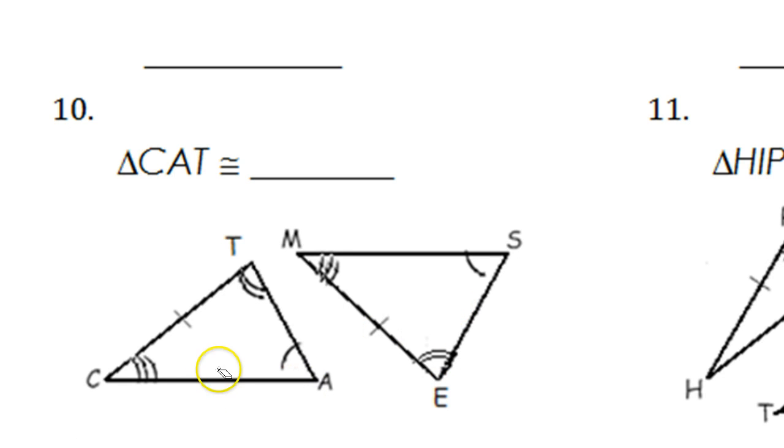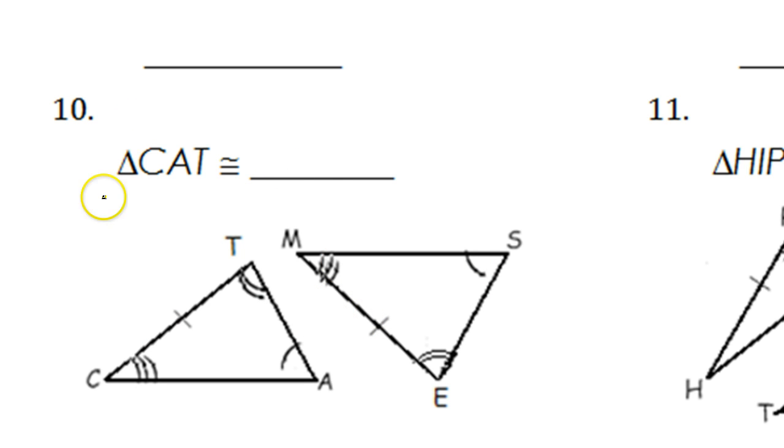Alright, number 10, we have a lot of information. We have more than 3 pieces of information. We have all 3 angles marked congruent to all 3 angles. That's interesting, but that's not a theorem. There's no angle, angle, angle theorem. But we also have a side marked as well.